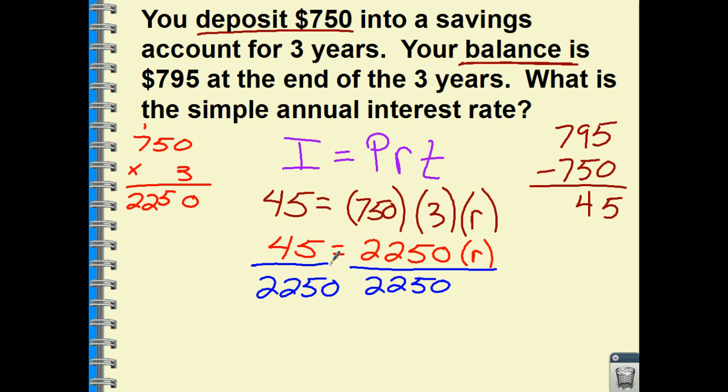And looks like we're going to have some long division here. We've done that. No calculator. We don't need a calculator. So we have a cancellation in the top and the bottom. My R is going to equal whatever this answer is, and then we're going to have to turn it into a percentage because a rate is a percentage.